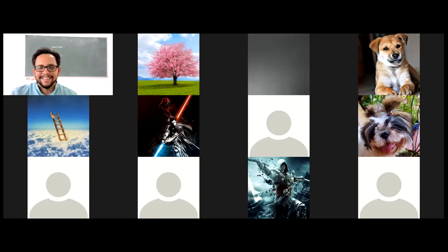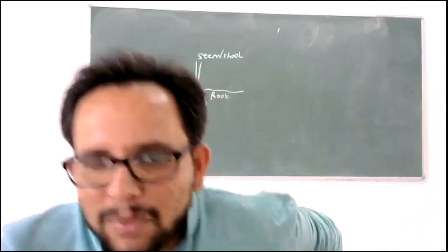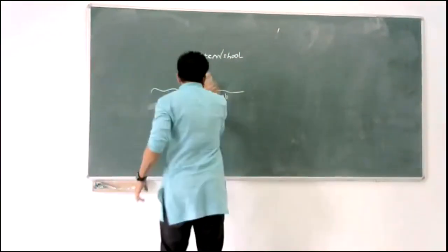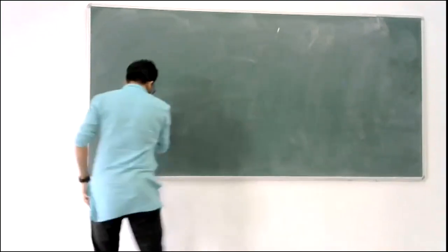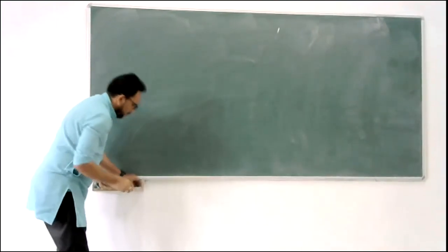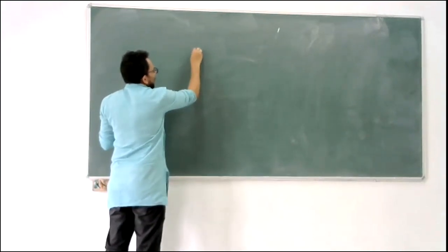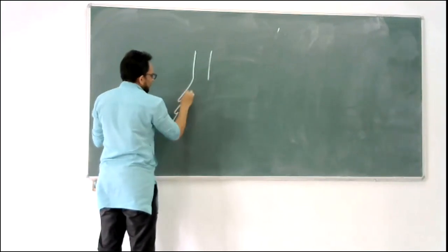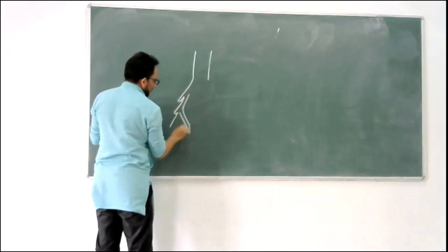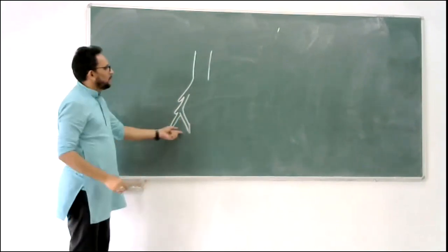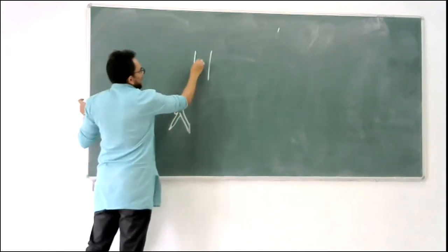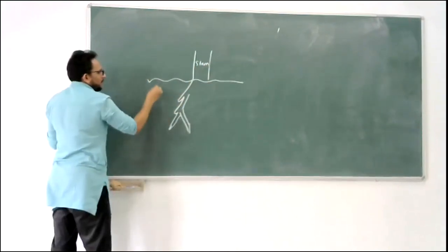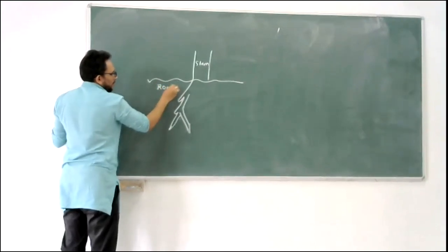So let me try and explain it on the board. Why does that happen? I'm not drawing a complete plant now, but you can imagine that these are the roots. This is the stem part, this is the soil below it, and this is your root part.